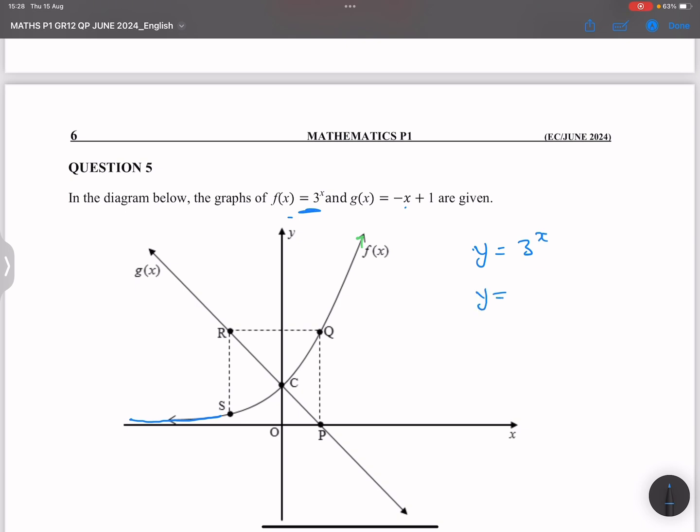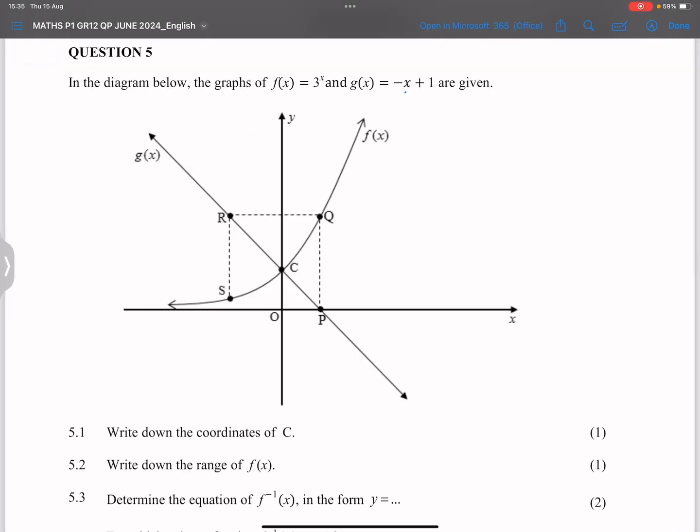The inverse of the exponential graph becomes the log graph. This base becomes the base of your log, and that becomes the index of your log. But to see that without dragging it, what you do for the inverse is you always swap the x and the y.